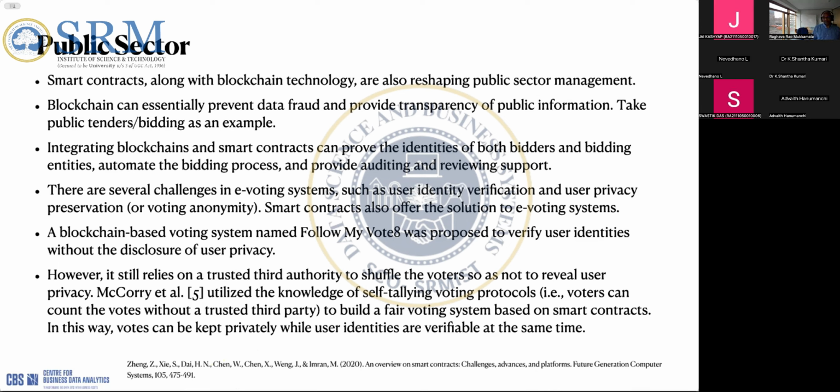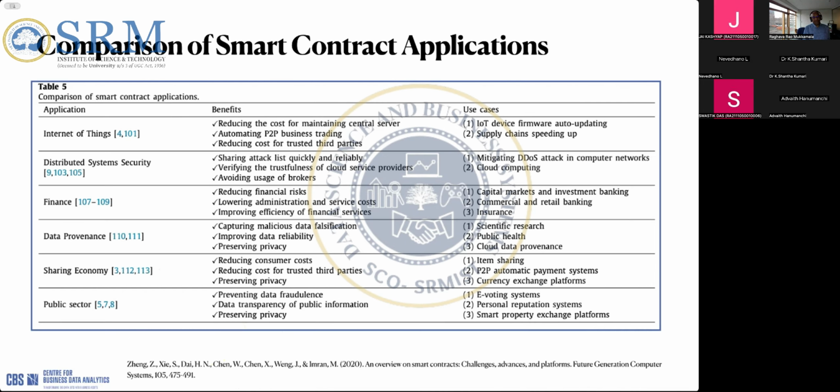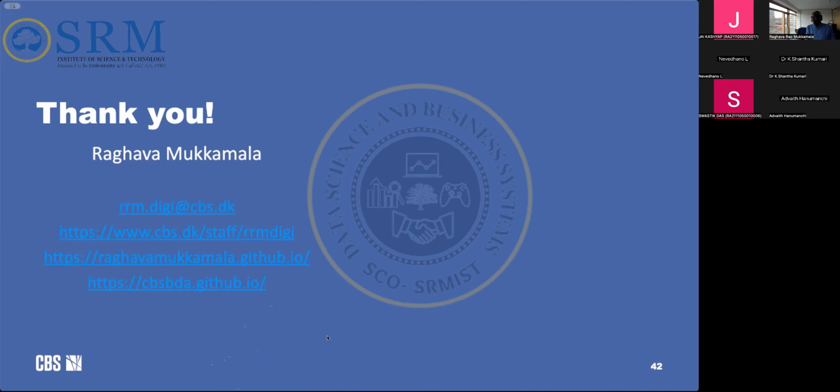Zero knowledge proofs are a kind of mathematical technique to provide some guarantees about the data without revealing information. So these things will come into the picture in the coming years. Here is a summary of different benefits you can have, and some use cases you can go through. Okay, so I think we are coming to the end.